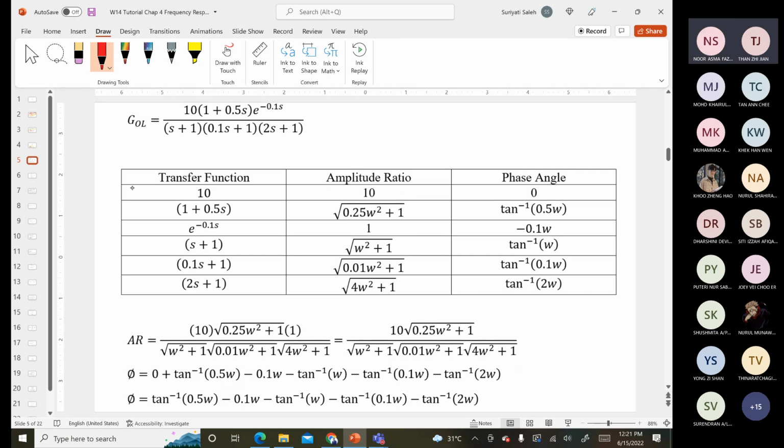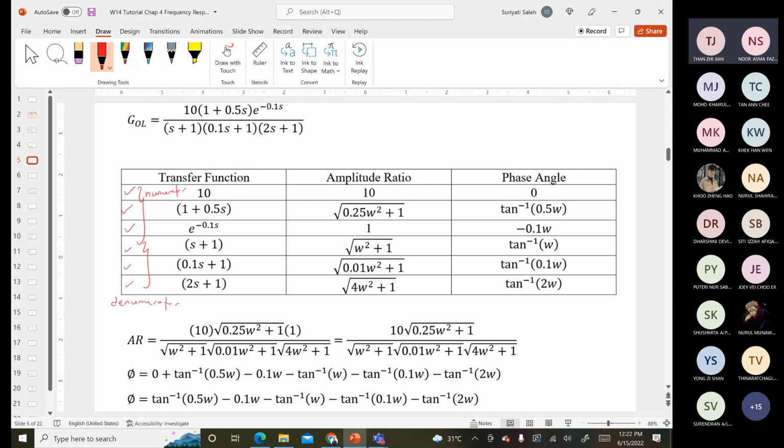Here in this table, I list all of the transfer function terms. You have 10, 1 plus 0.5s, exponent negative 0.1s. These are on the numerator, on the top of your equation. And the bottom part, s plus 1, 0.1s plus 1, and 2s plus 1, are on the denominator.